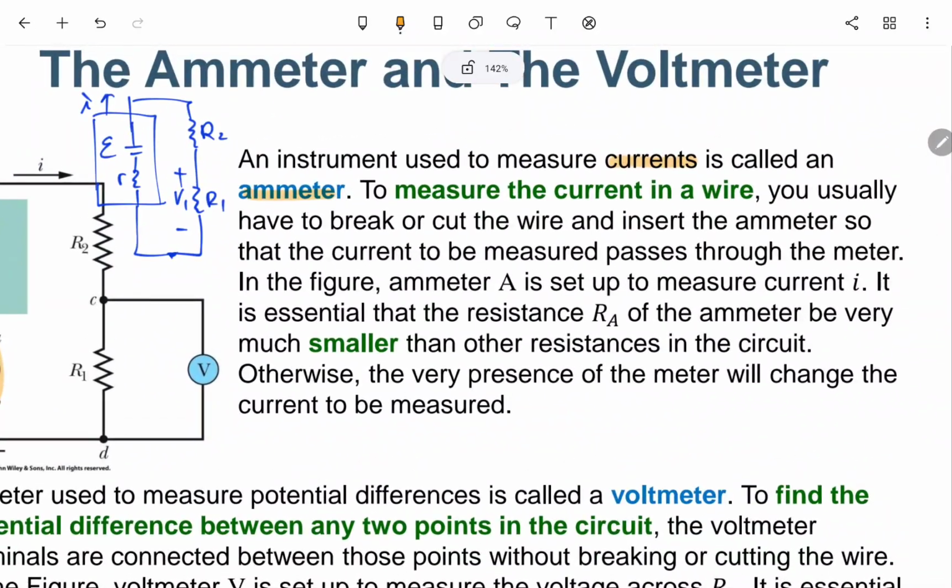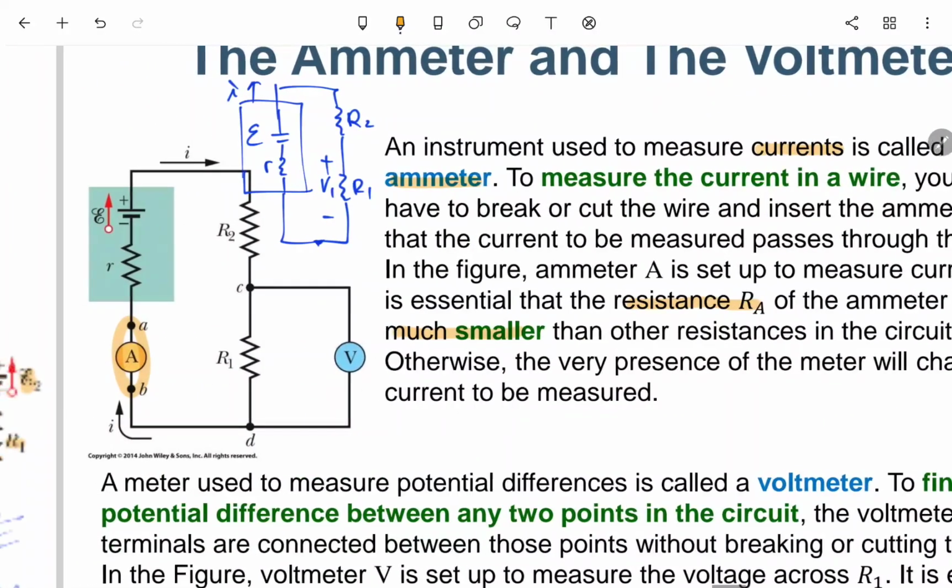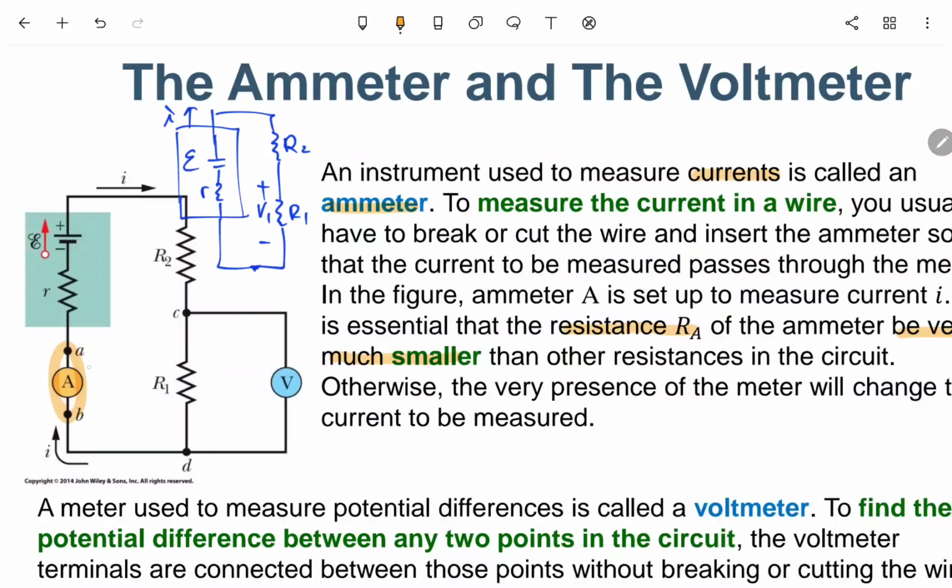The ammeter will have an internal resistance RA. The resistance RA should be very small, much smaller than the other resistances in the circuit, because you are connecting RA here like this.